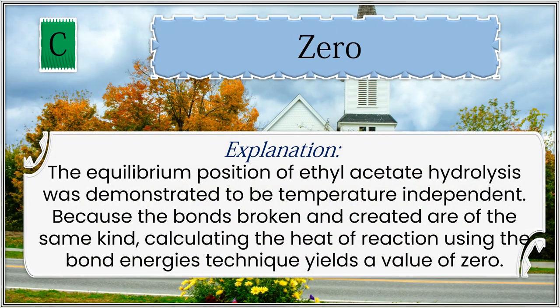The answer is 0. The equilibrium position of ethyl acetate hydrolysis was demonstrated to be temperature independent because the bonds broken and created are of the same kind.